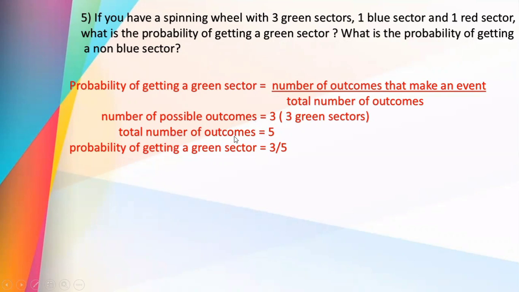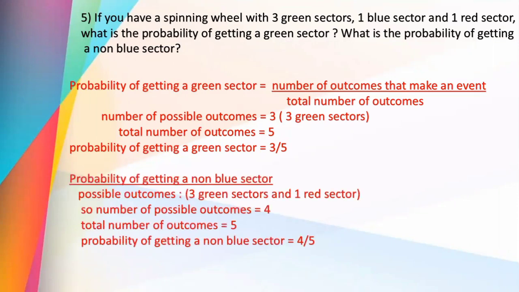Then, total number of outcomes: 3 green sectors, 1 blue sector and 1 red sector. So 3 plus 1, 4, 4 plus 1, 5. Total number of outcomes is 5. Now probability of getting a green sector: 3 divided by 5. 3 by 5 is the answer.